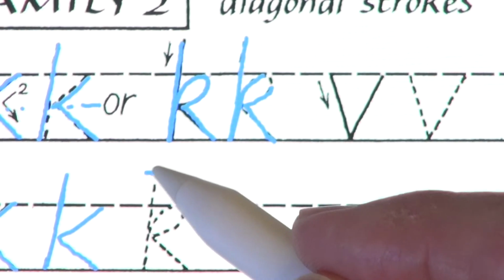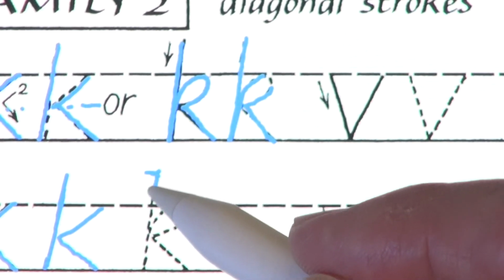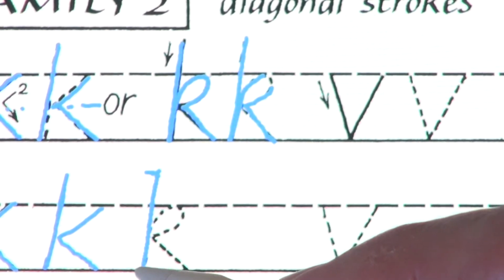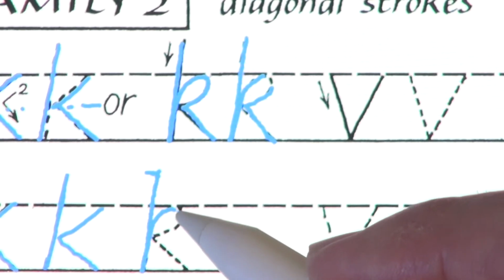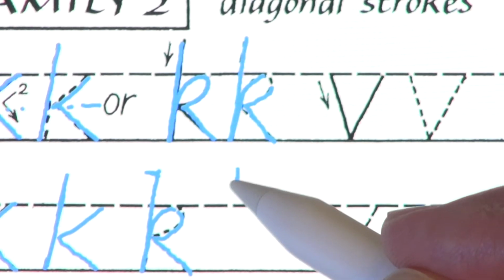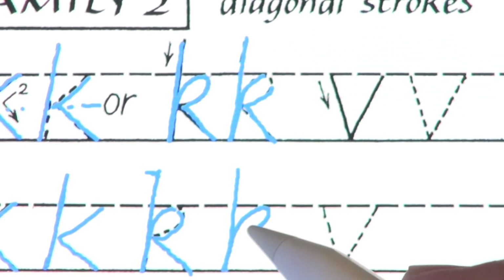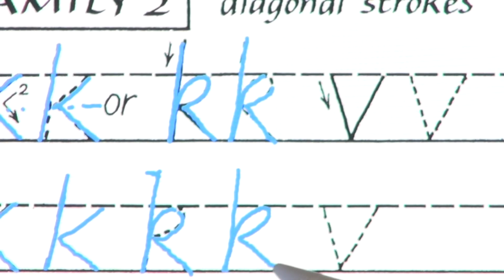Once again, we start at the ascender line, half the height of the full body height, down to the baseline, retrace, up and around and down. One more time, this time on our own, and down to the baseline.